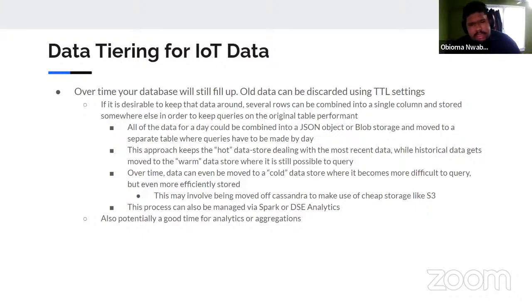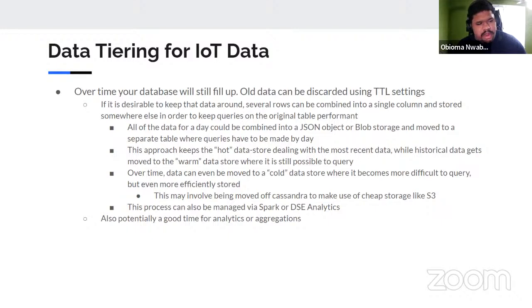So both aggregate in the sense of a mean or average over a certain time period, but also aggregate as in just put all of the actual measurements that you want to keep into a single object somewhere else that you can later parse in order to get out specific data that you want. So you could take all of your data for a day and then combine that into a JSON object or a string and put it in blob storage or some way to keep those in a table where queries are made by day.